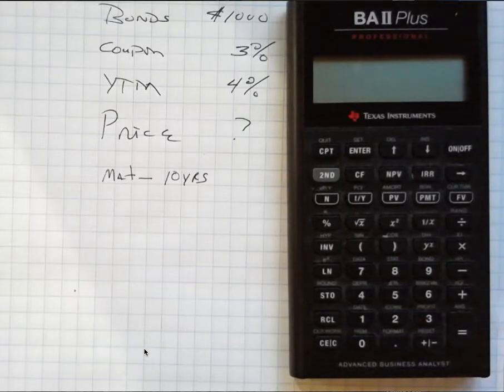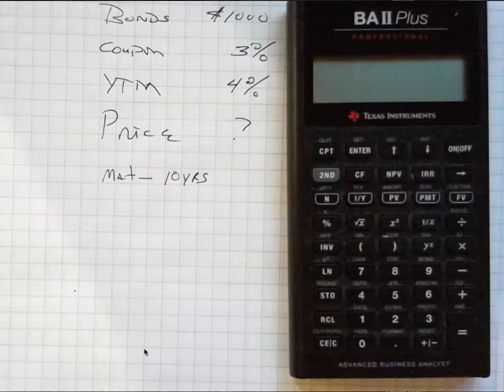Okay, let's get to the task at hand, and let's look at how we would use the BA to determine the price. Pretty simple. Pretty much what we focused on last week in regard to time value of money. This really is a time value of money.